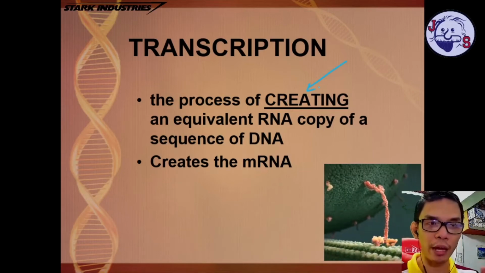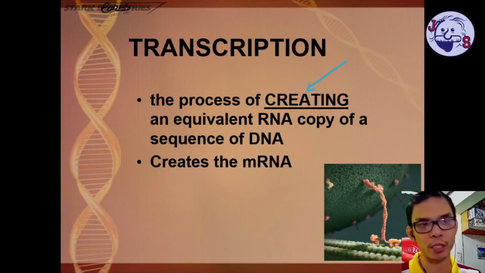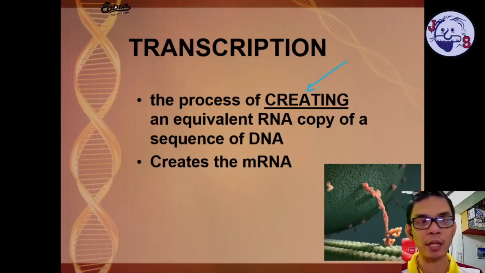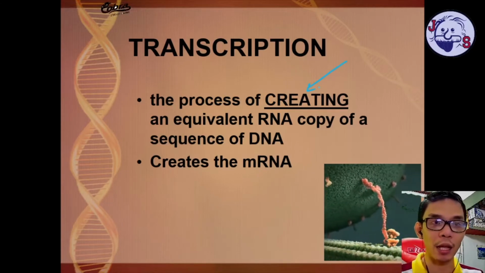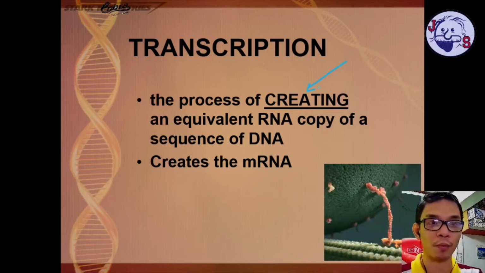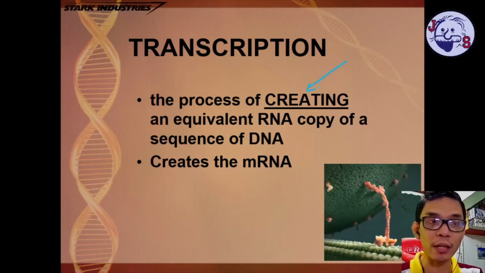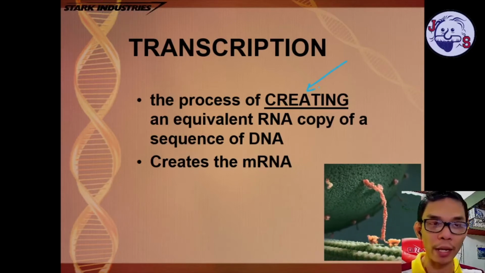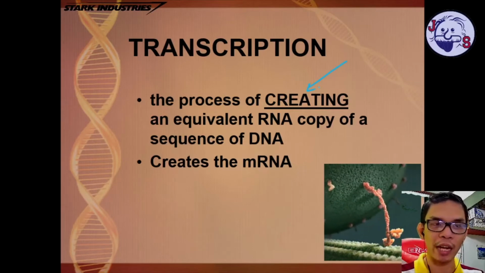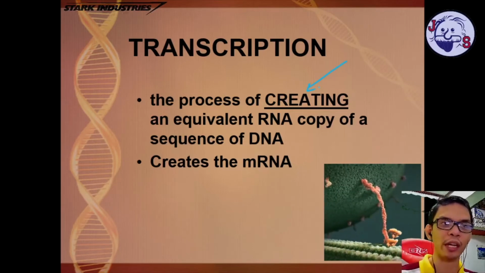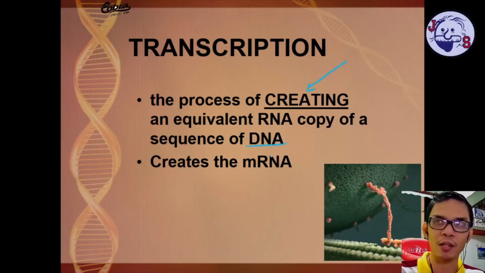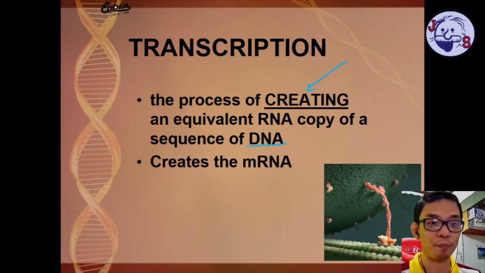As we all know, DNA is located in the nucleus. So why do we need to get a copy of the DNA? Because the DNA is not designed to get out of the nucleus. That is why a certain reagent is needed to create the RNA copy of the DNA located in the nucleus.